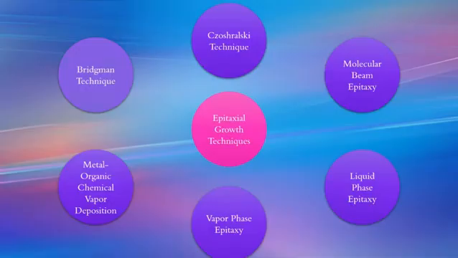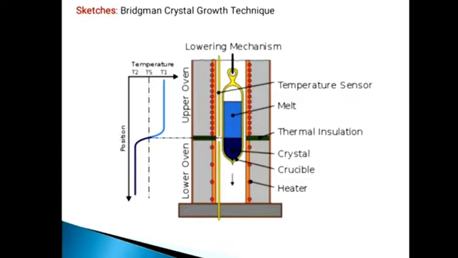So the first technique that we'll be observing is called the Bridgman technique, which is a melt form of crystal growth. This is because in Bridgman, the material is melted in a vertical cylindrical container surrounded by 2 furnaces, a hot furnace on top of the cold furnace.